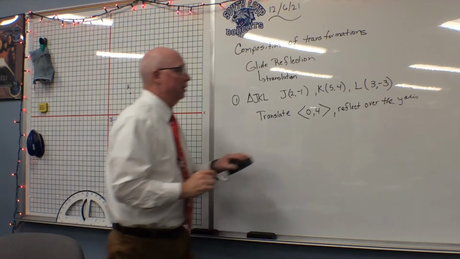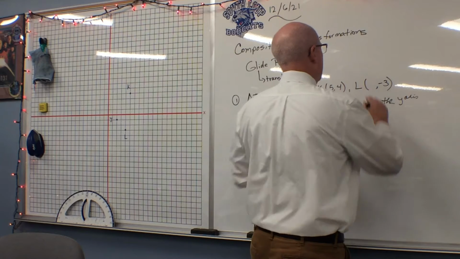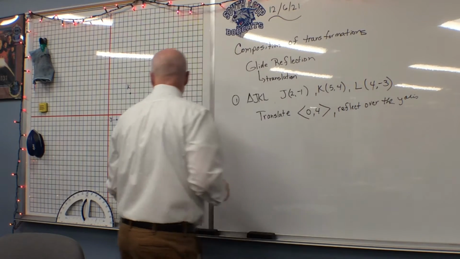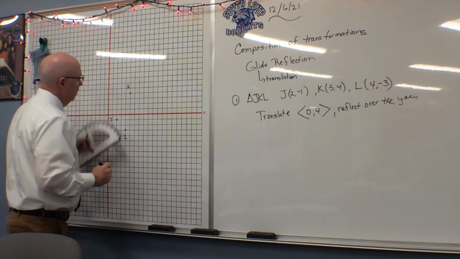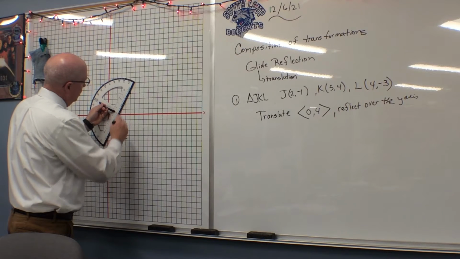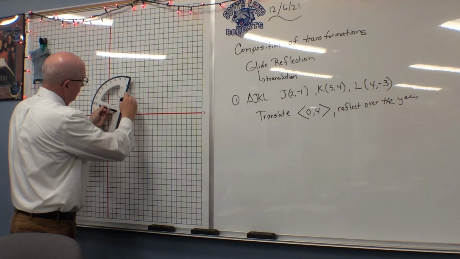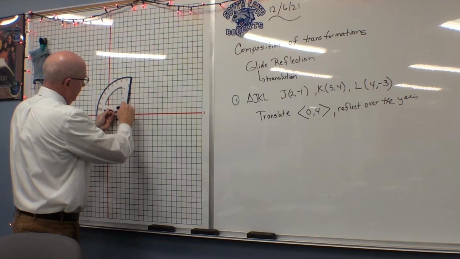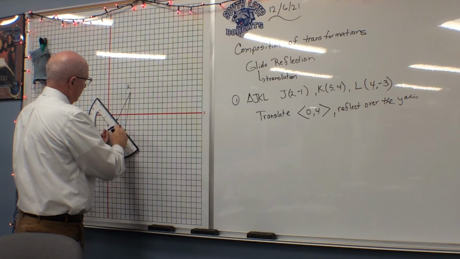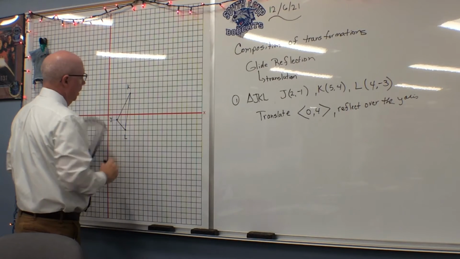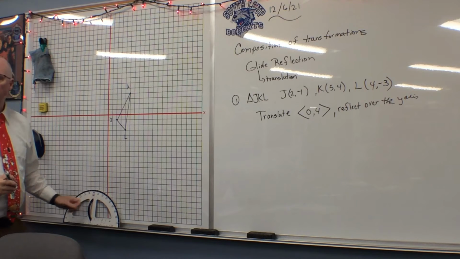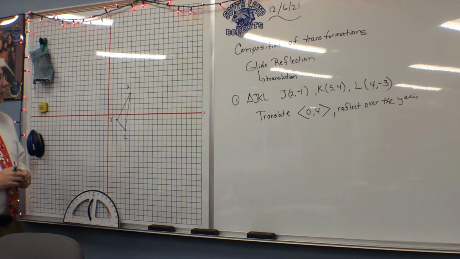Just to get a little bit of spacing. Okay? So, here's your triangle. 4 and -3. All right. There it is, correct?